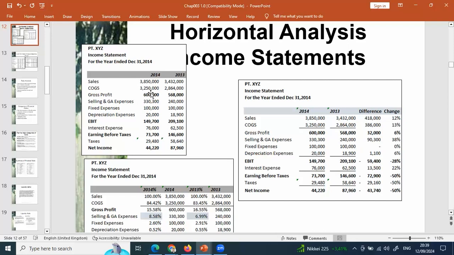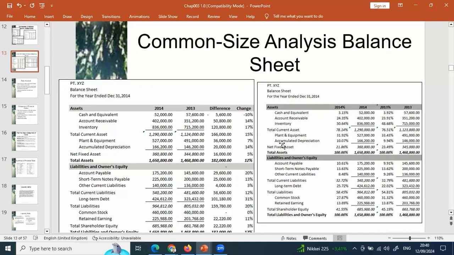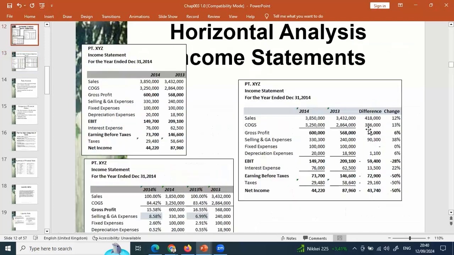is 325. And then at the end of December, your inventory is 836. So at the end of the month, your inventory is 836, while the whole year, you sell 325.